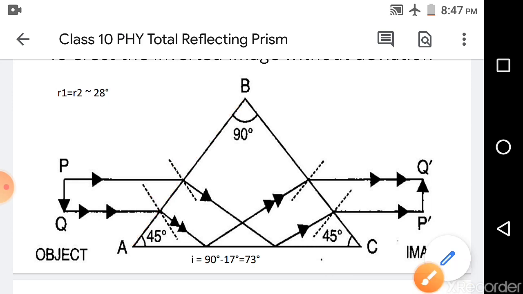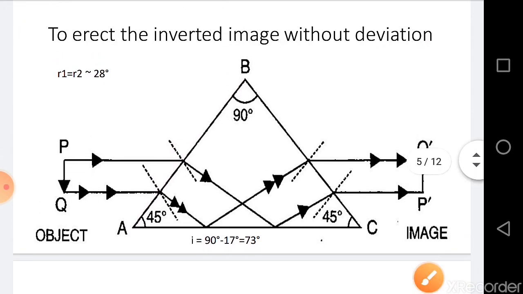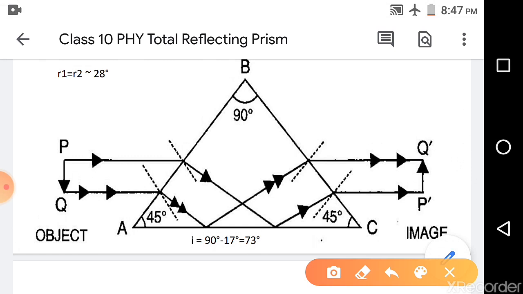Those light rays enter the material of the prism and are refracted. That means the light rays inside the prism bend toward the normal. There is an angle of refraction, found as R1, which is nearly equal to 28 degrees. Now those light rays come to the surface AC and are incident on it.